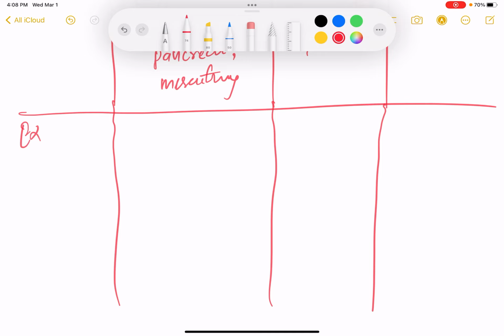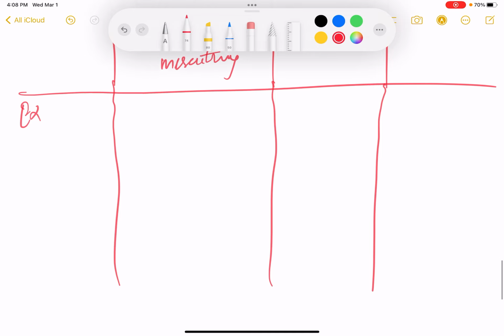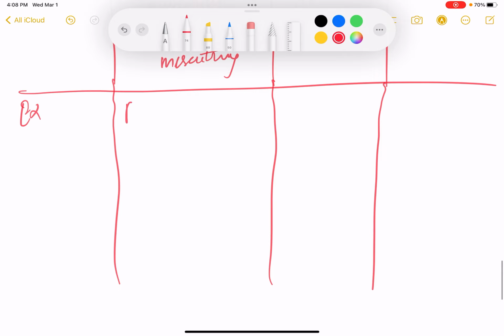The first example, of fat necrosis, is pancreatitis. When there is pancreatitis, elevated pancreatic enzyme lipase is released, which releases free fatty acid.